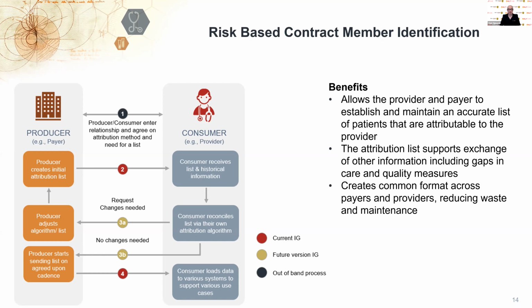And so this is an important aspect of what we're doing for value-based care, and it's being implemented this year by Cambia up in the Pacific Northwest, as well as Humana.